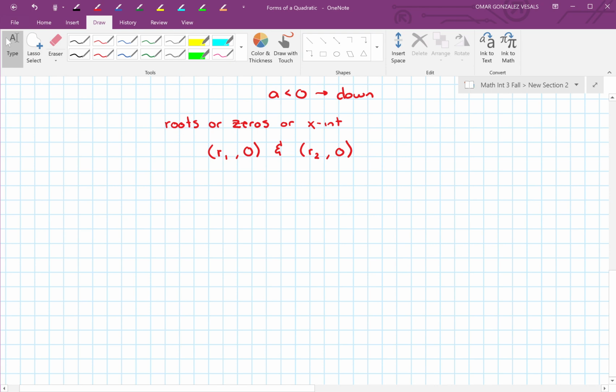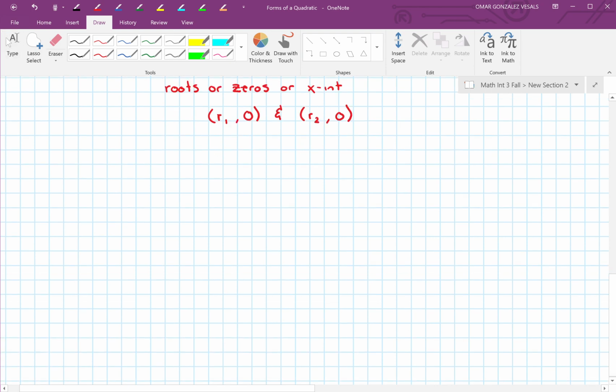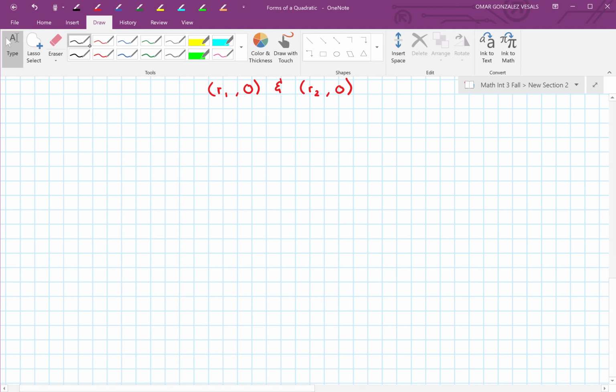Well, you know what? Before we do that, all I want you to do is classify them. So classify the following, or categorize. Classify them as standard, vertex, or factored.